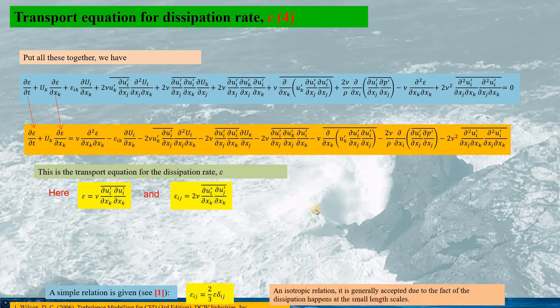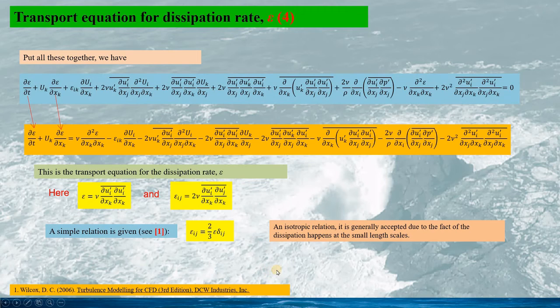Based on the book of Wilcox, Turbulence Modeling for CFD, we normally have an isotropic relation for the epsilon ij and epsilon. This is a very simple relation, and it is generally accepted because dissipation happens at the small length scale, for which the turbulent flow would be more isotropic.